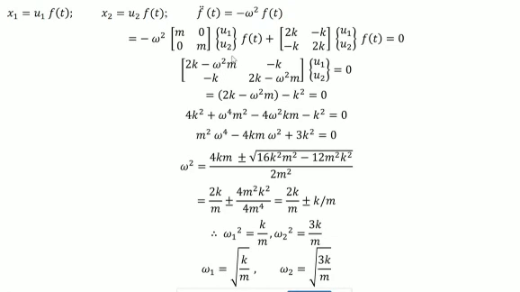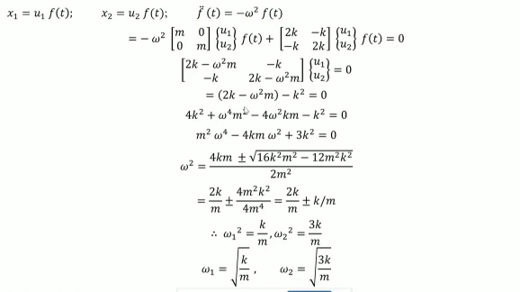You can, as a whole, call this lambda, that this should be subtracted. The same quantity should be always subtracted from all the diagonal terms. And then for a non-zero solution, the determinant of this matrix will be equal to 0.